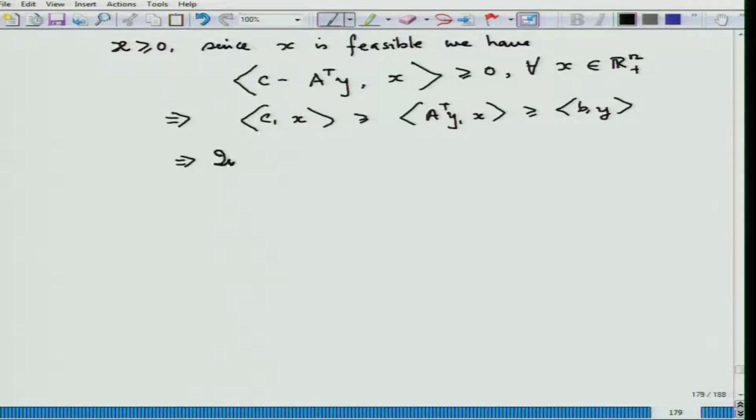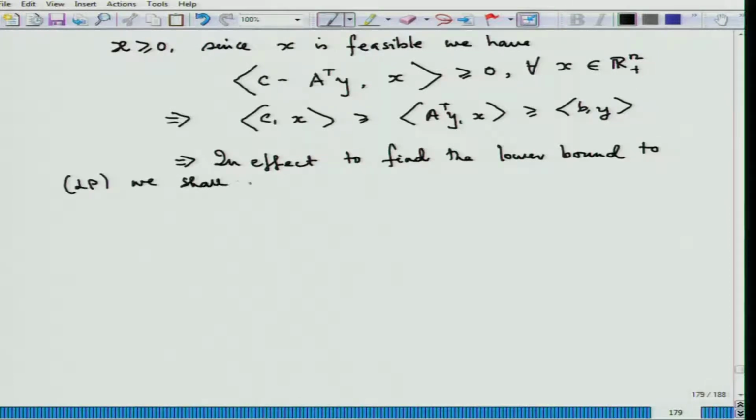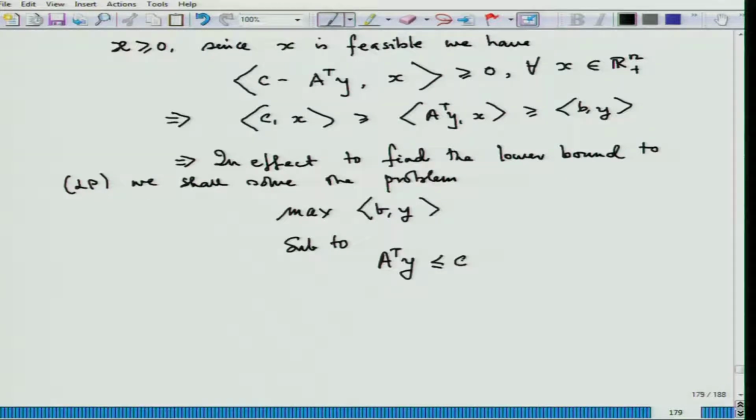So, in effect, to find the lower bound, we shall solve the problem: maximize b transpose y subject to A transpose y less than or equal to C. But of course, I can add a slack variable to make an inequality into an equality, and this would lead to the max problem, which is exactly the one I had written earlier as the dual.